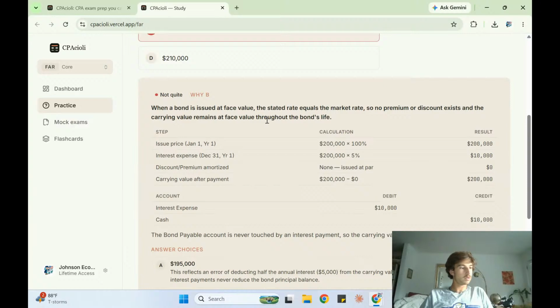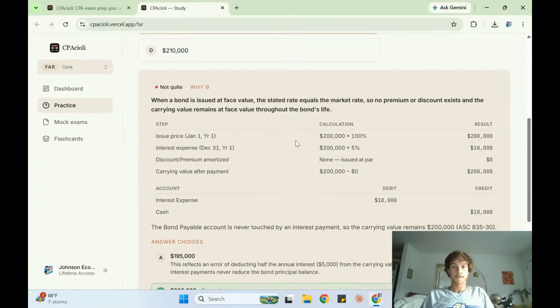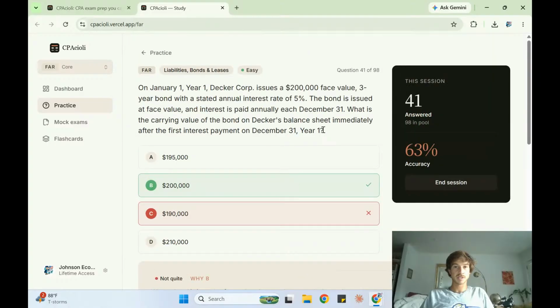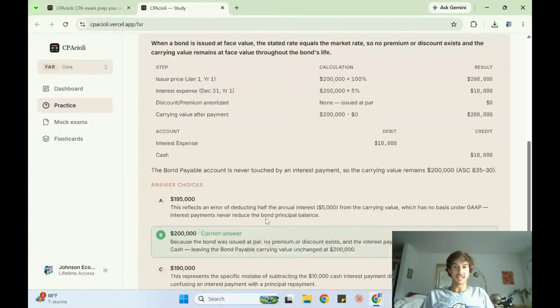Okay, so the carrying value remains the same.